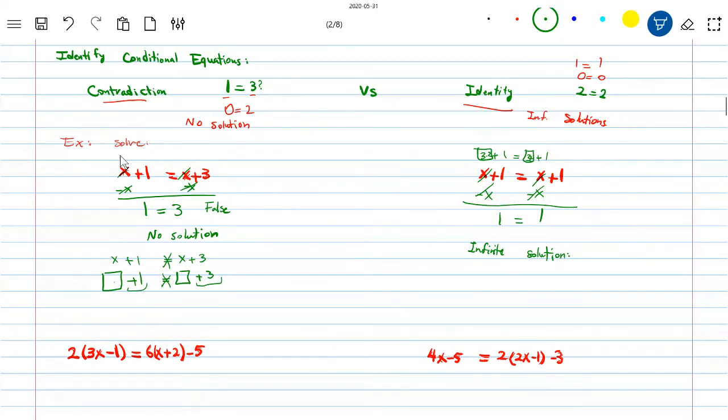So what are those solutions? You can say the solution is all real numbers, because I can replace x with every number in the real numbers. Sometimes you write it this way, you can write it as R as your solution set.